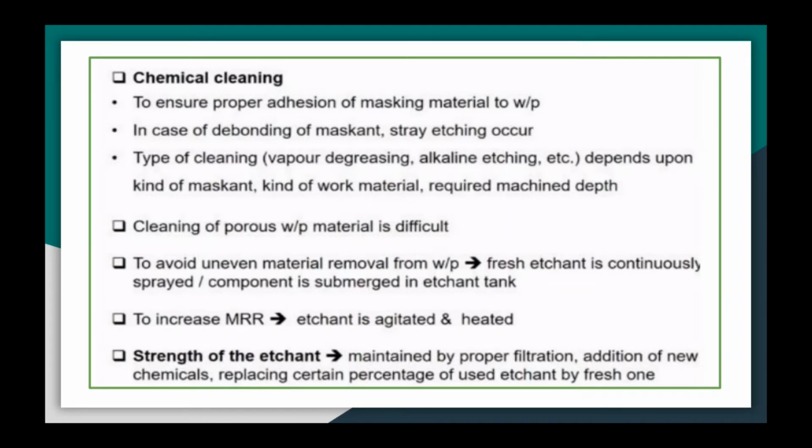So the type of cleaning will depend upon, or is a function of, what type of maskant you are using, what the workpiece material is, and what the depth of cut is to which you are going to machine.